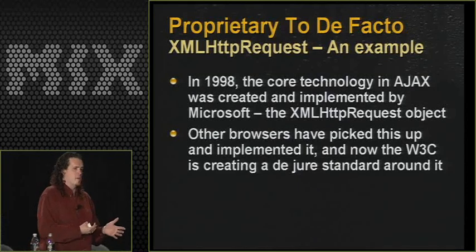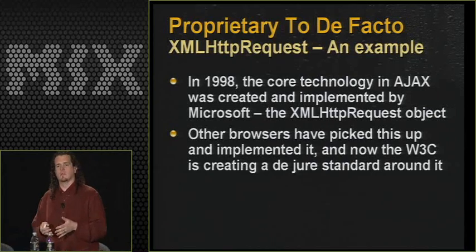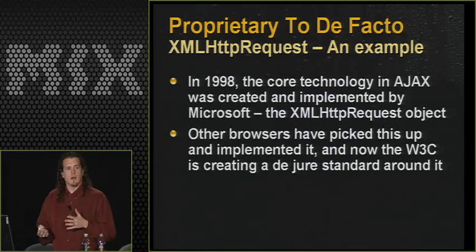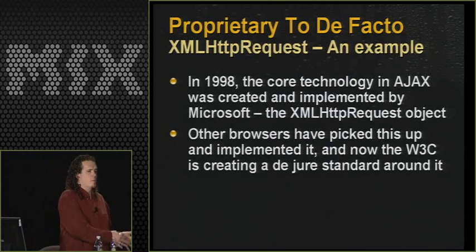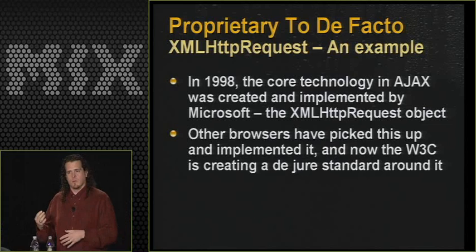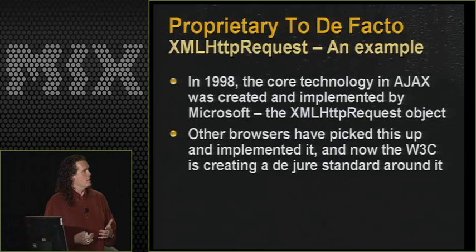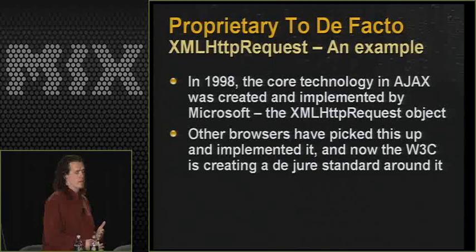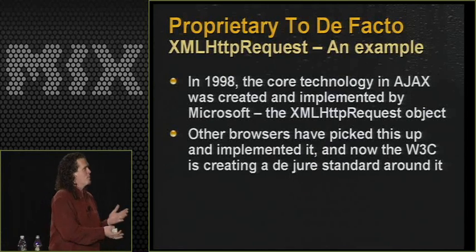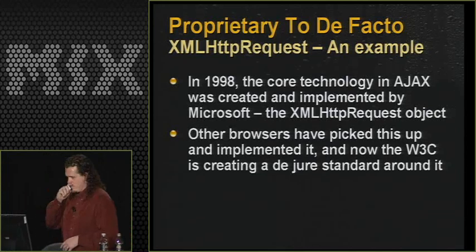Other browsers started picking this up and implementing it, in fact in a slightly better way because they put it into the native JavaScript APIs rather than having to fire up an ActiveX control and manage it. And now, of course, the W3C has created a couple of working groups, one of which is going to look at creating a de jure standard around this idea, hopefully in a somewhat compatible way, since most of the browsers implement it by now, but we'll see.